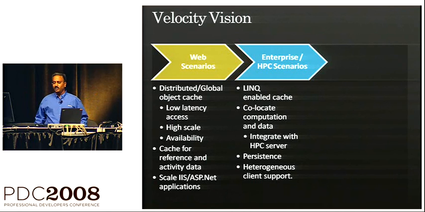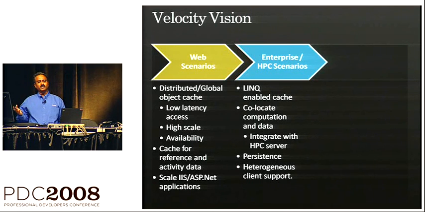So we need to enable those things, and especially in some of the application sectors like financials and telecom, it becomes very critical. They want sub-millisecond access for a lot of the operations that they do, and in order to support those things, you need to co-locate computation also. And while everything is in a cache, people often ask, can I persist my cache?